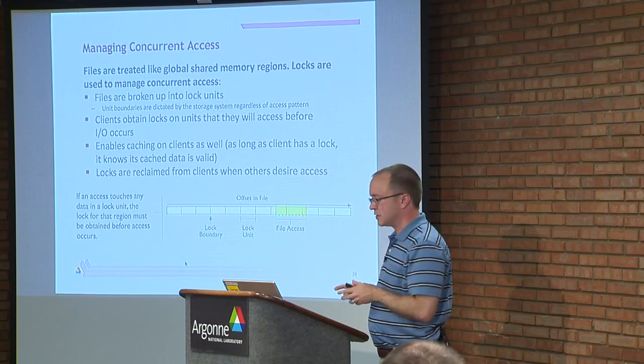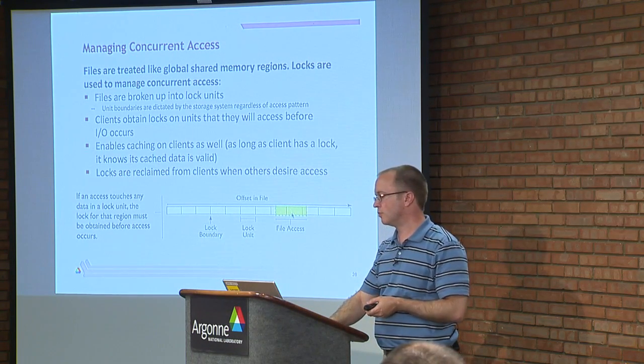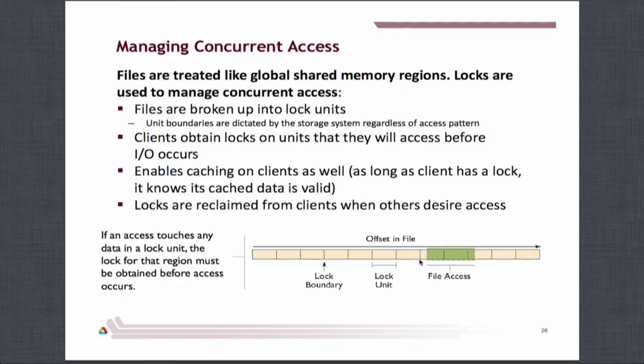Because if you have something that spans a lock boundary, like this green block here, it hits part of 2 and all of 1, it's going to be locking 3 blocks, and while that's going on, even operations that don't conflict, that would hit this little piece here or this little piece here, are going to be stuck, because it's a coarse-grained, serialized lock that lets one person at a time modify that block. So the optimizations that the middleware and data model libraries are doing are often trying to avoid this problem, trying to organize things so that you don't hit this.